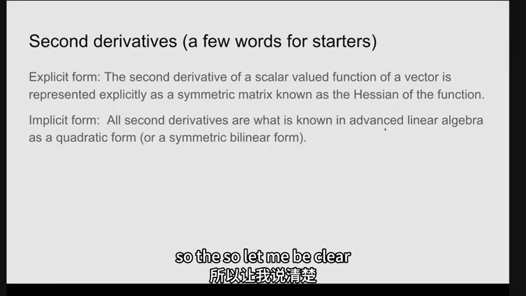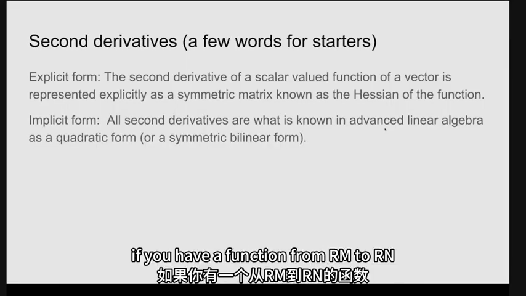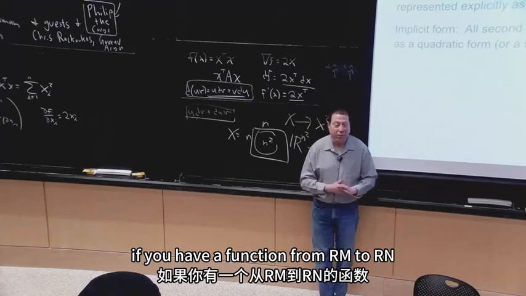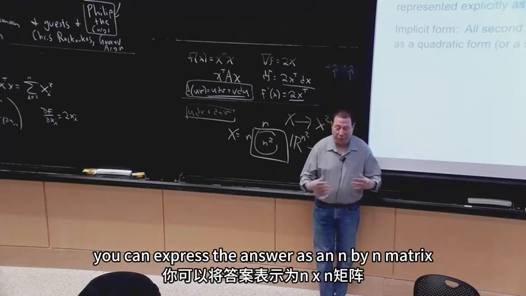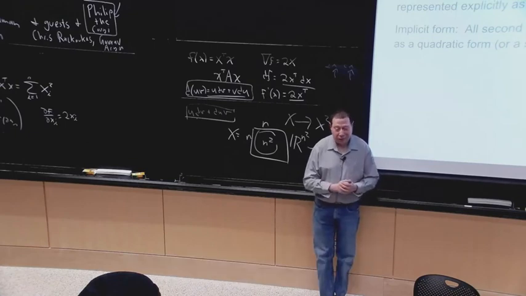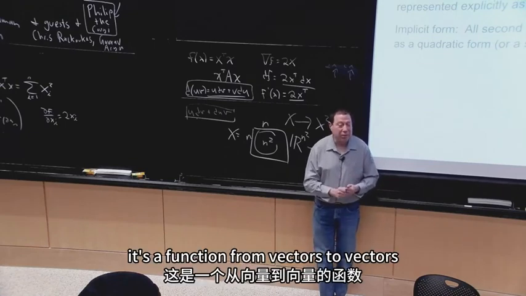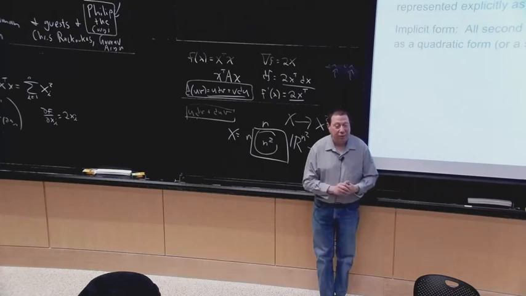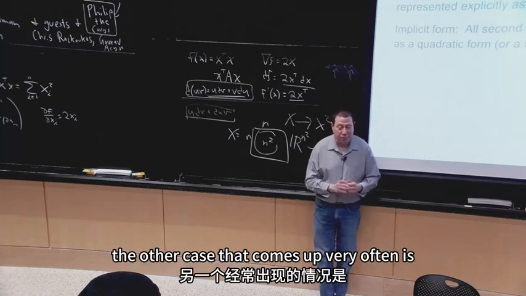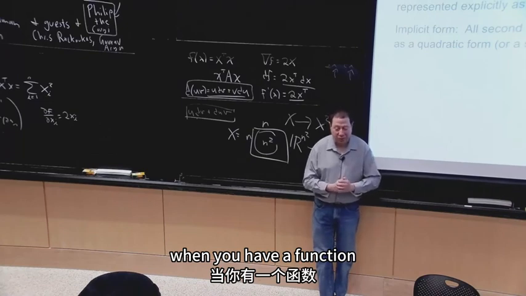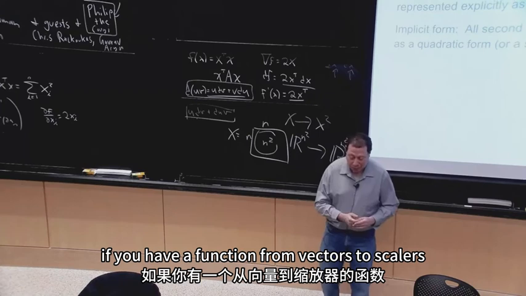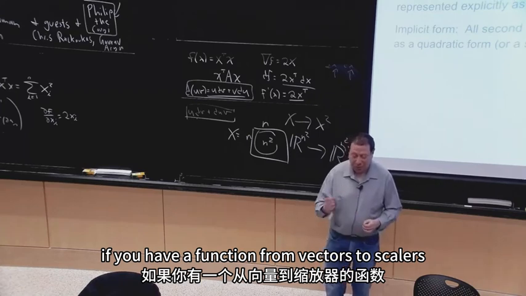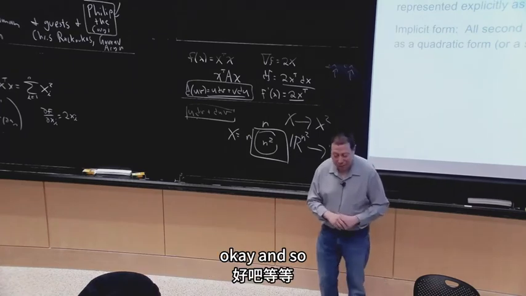So let me be clear. If you have a function from Rm to Rn, you can express the answer as an m by n matrix, and that's what we call the Jacobian, right? So the big point is it's a function from vectors to vectors. The other case that comes up very often is when you have a function from vectors to scalars, okay?